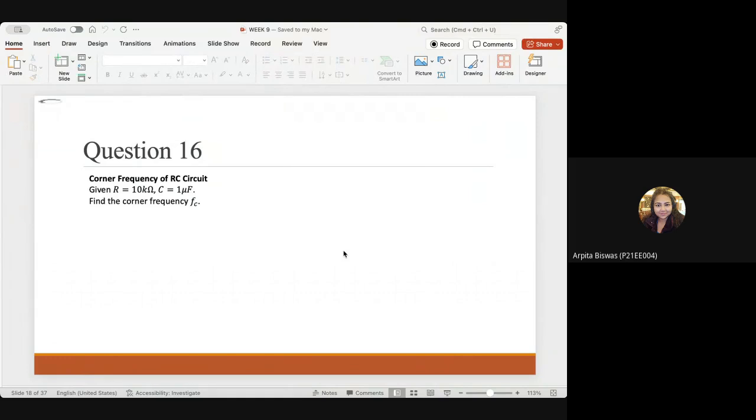Can you explain? Tell me how to solve this question.